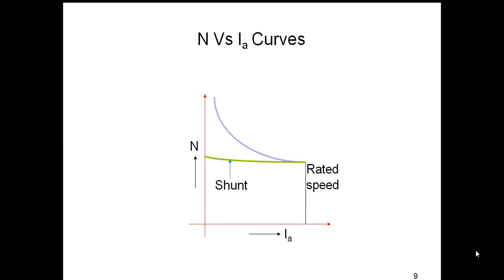But in practical, sorry, for a series field, it will be as shown in the blue line.